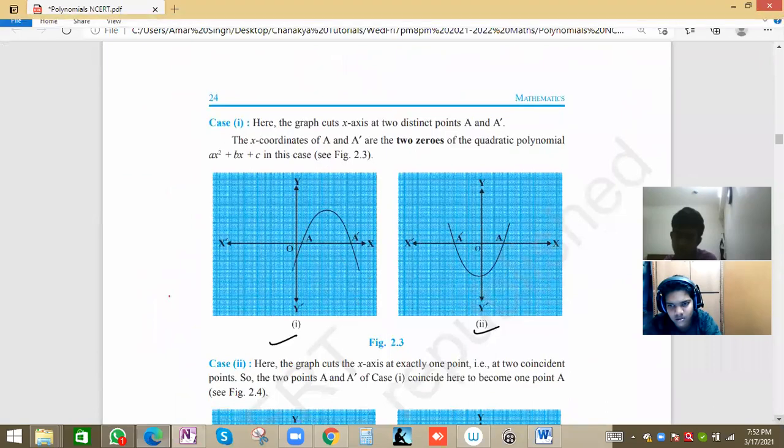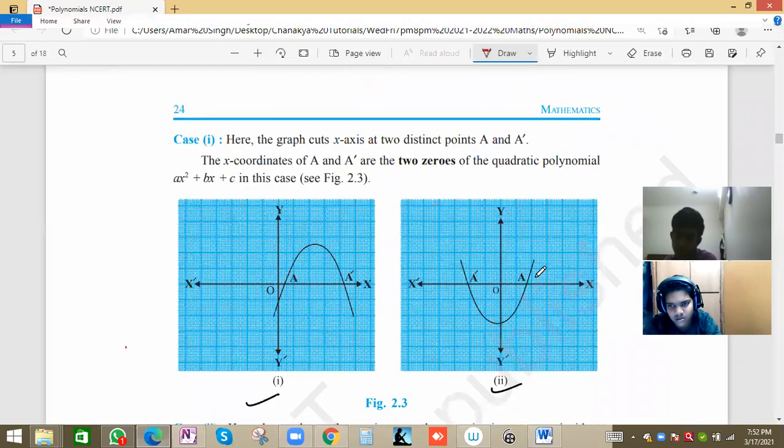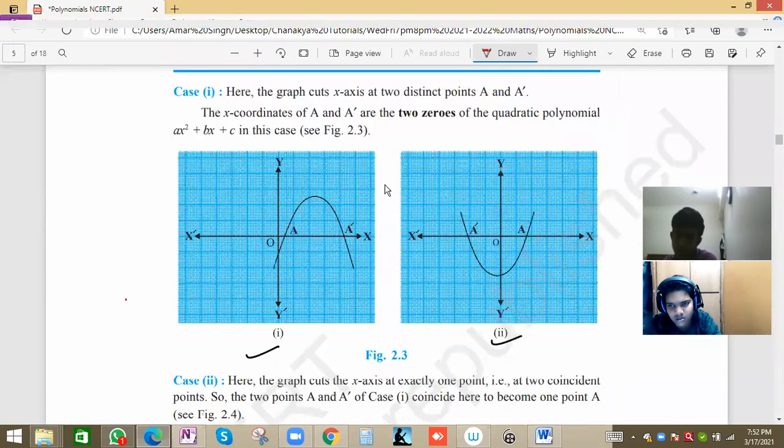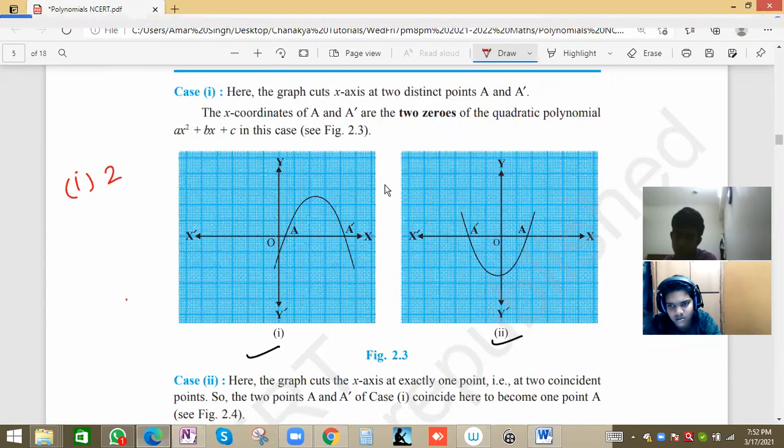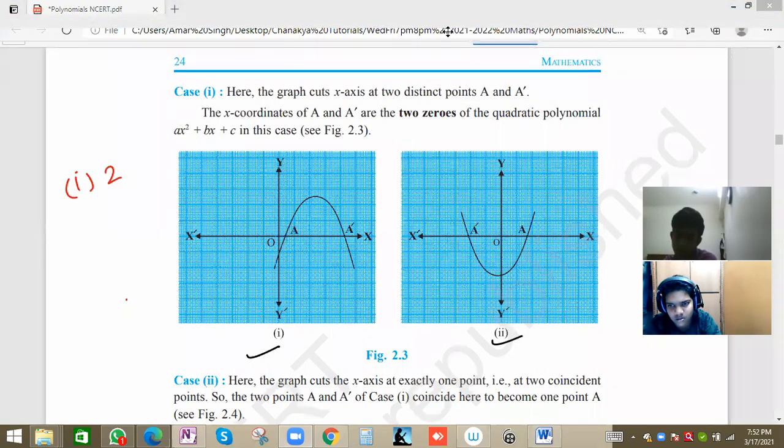For these two cases, how many zeros are there? For the first one, both have two. All of you agree with 2? Anyone having any other value? Zeros we have to find.